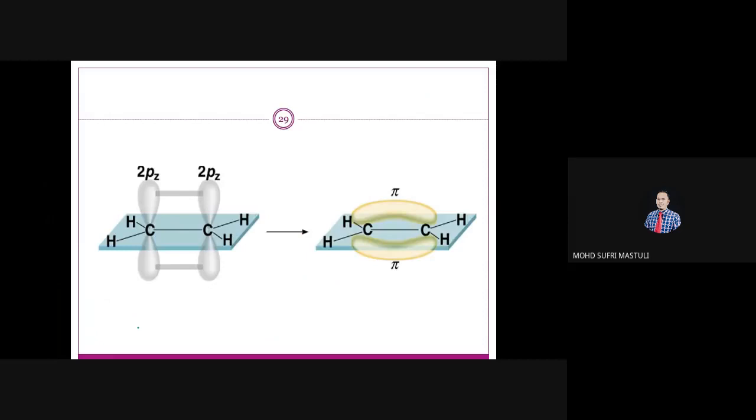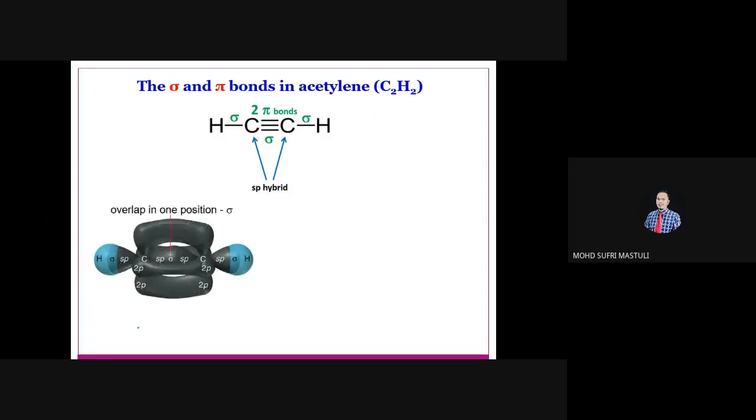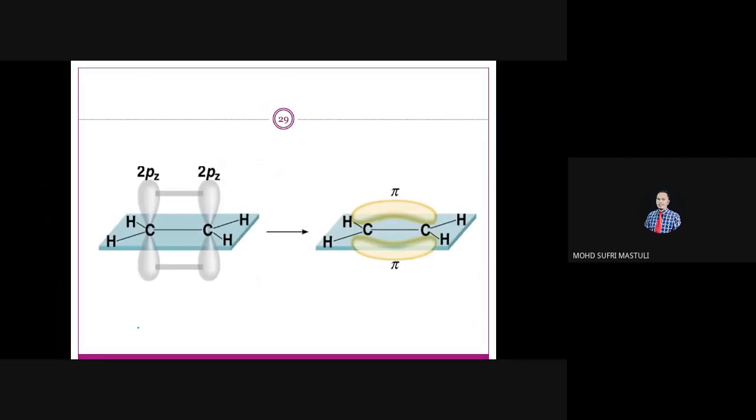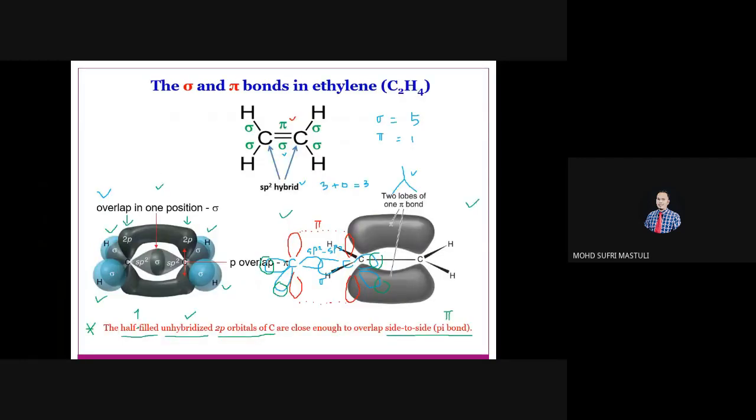I think we have an example of it. Do we have? No, we don't have. So maybe we can try to show how the valence bond theory shows the formation of pi.